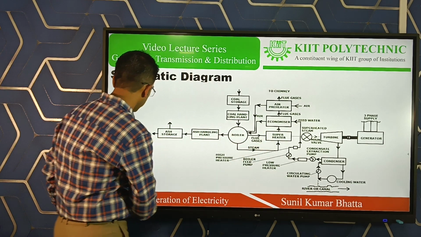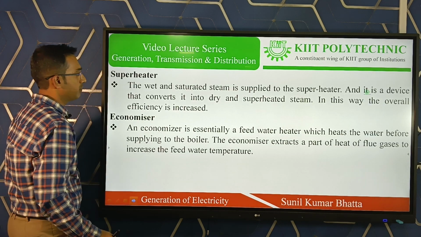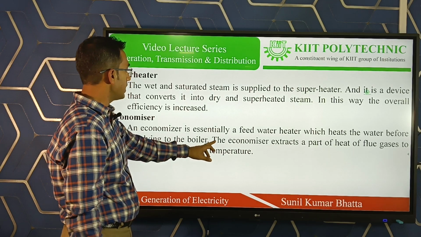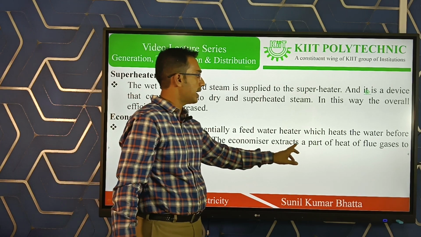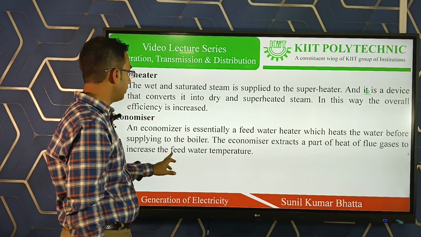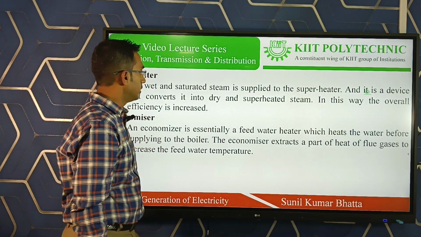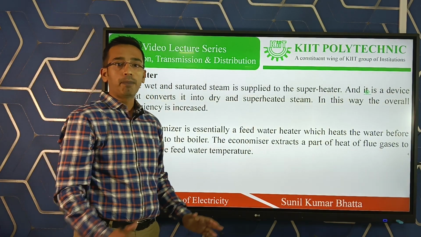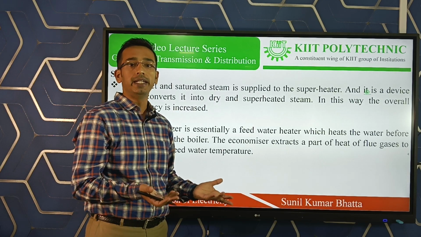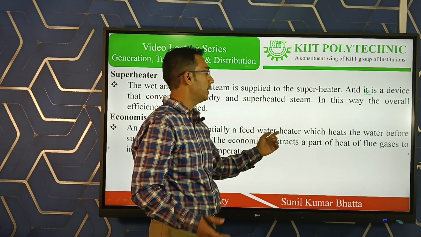The feed water which is applied to the boiler is first converted to heated water. The economizer extracts heat from the flue gases, and that heat increases the temperature of the feed water. The feed water is preheated through the economizer before being applied to the boiler, so the economizer is essentially a feed water heater.